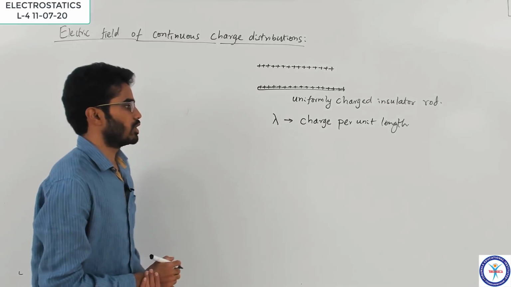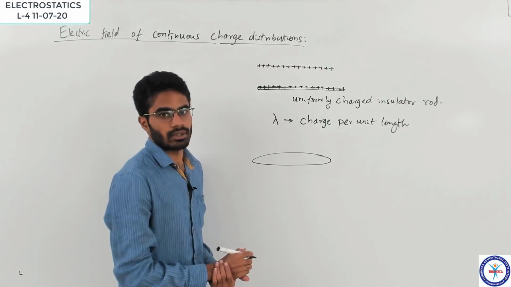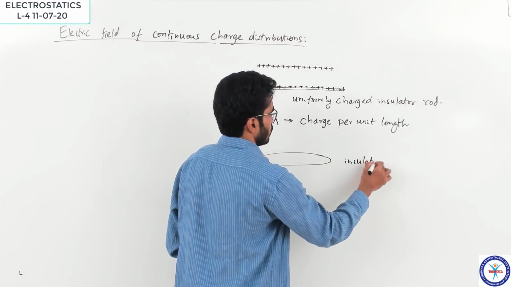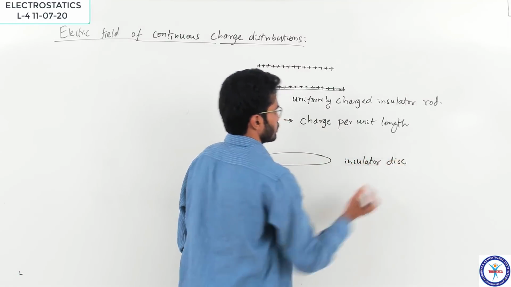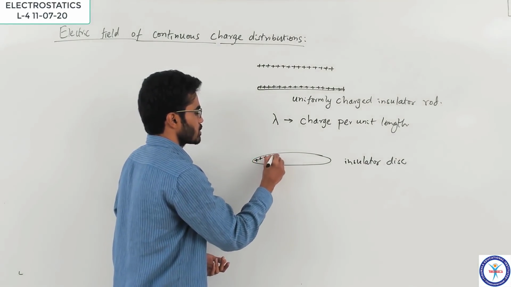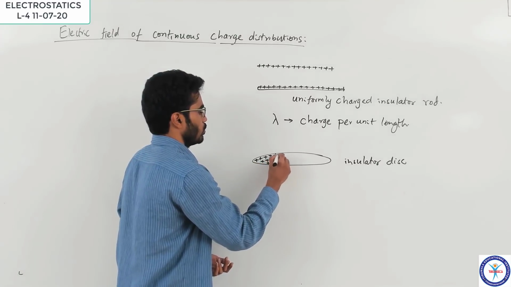For example, if you have an insulator disk, now if it is uniformly charged, that means the charge is present on the disk uniformly.